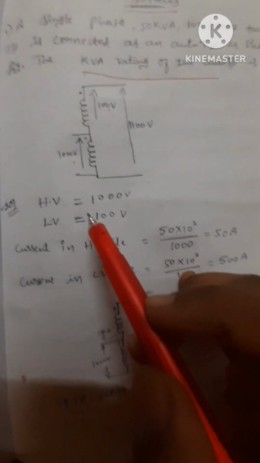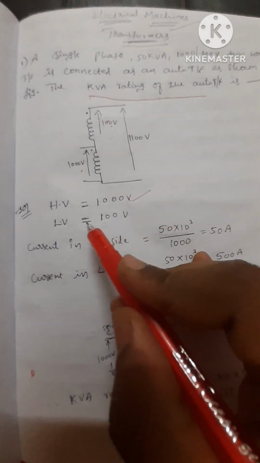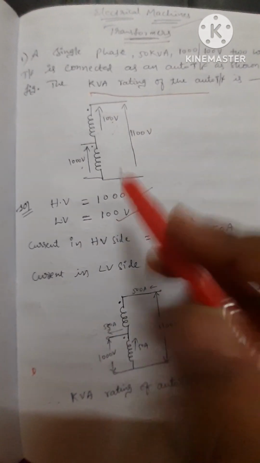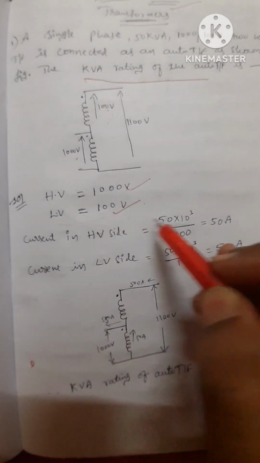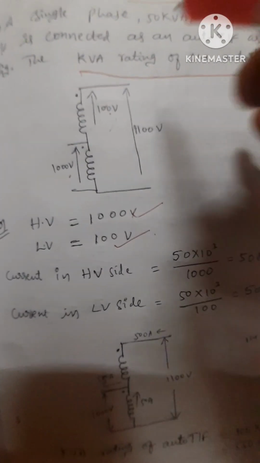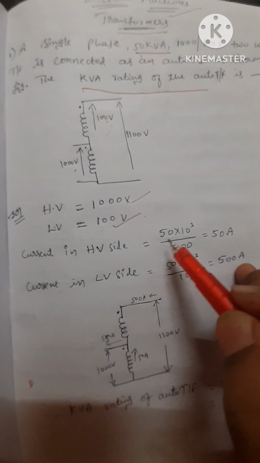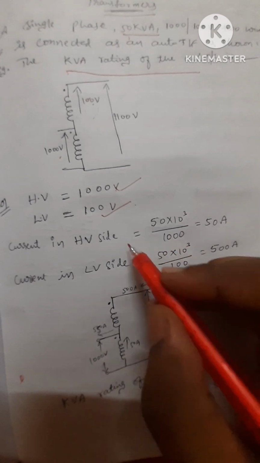Given data: HV is 1000 volts, LV is 100 volts. We have to calculate the current in the HV side. The power rating is 50 kVA, so 50 into 10 power 3 divided by 1000 on the HV side.